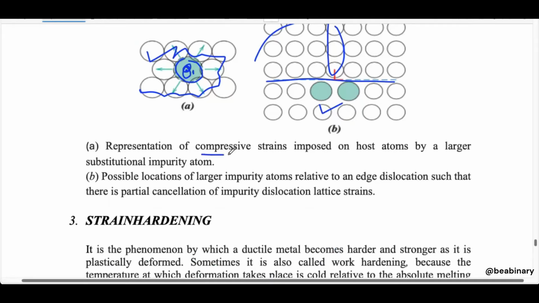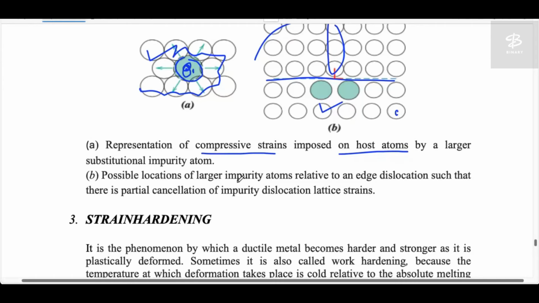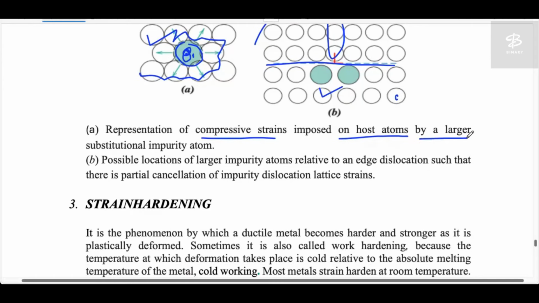As you can see, the compressive strain is imposed on the host atoms, meaning the crystalline structure atoms present inside the crystal. This is your large substitutional impurity atom, and this shows the possible location of the large impurity atoms relative to another edge dislocation such that there is partial cancellation of the impurity and dislocation strains.